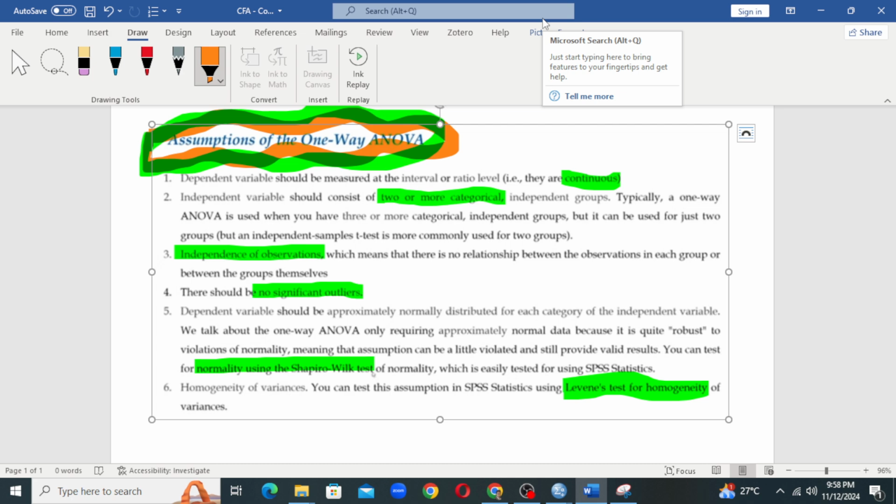Their null hypothesis will be, for example, that the three means are equal. In the case of the alternative hypothesis, it elaborates that at least one mean differs.